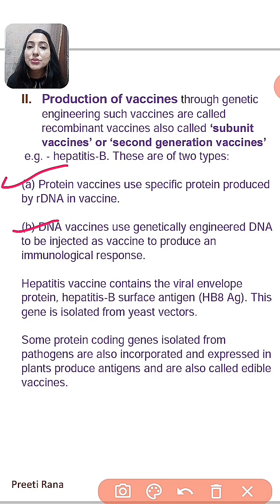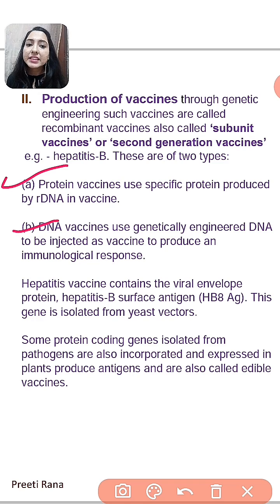Protein vaccines use specific proteins which are produced by recombinant DNA, and the DNA vaccines use genetically engineered DNA to be injected as vaccine to produce an immunological response. That means that DNA is directly injected inside the body, where that DNA expresses itself and forms the immunological response.